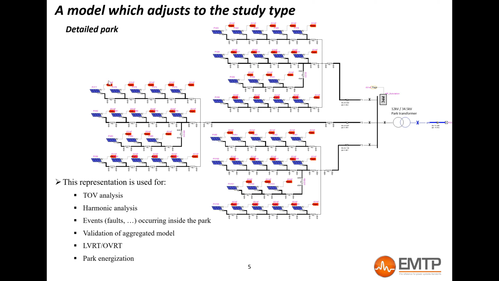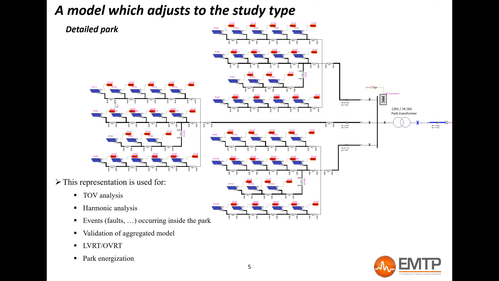Then we have different collectors where you have all the PV arrays and their inverters connected. Each of them has a step-up transformer, which we can see very small, and the pi sections in between are the cables or lines connecting each inverter.